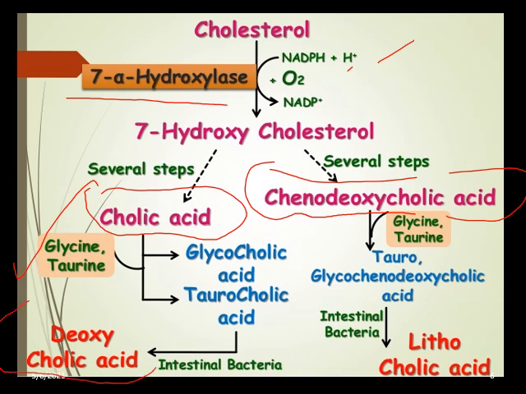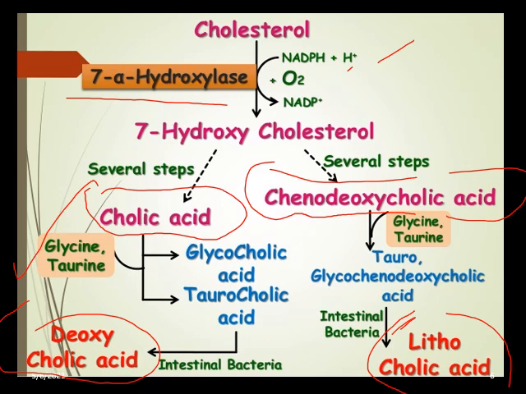Remember, these are synthesized in the intestine after release from the liver through the bile duct along with the bile. Okay, so what are the primary bile acids?